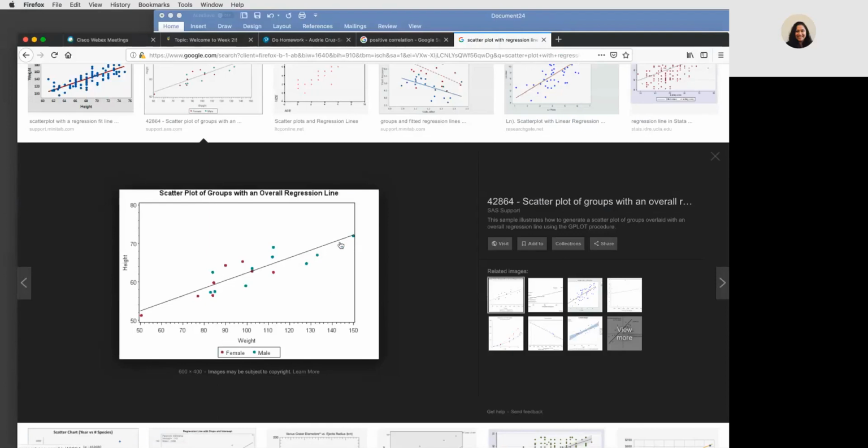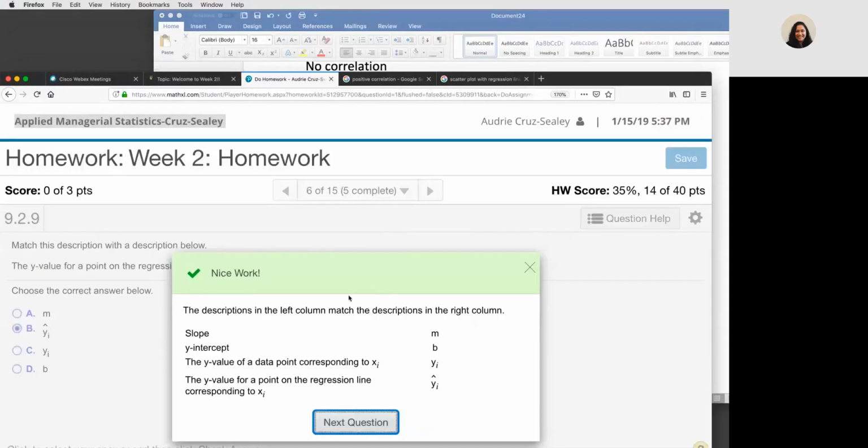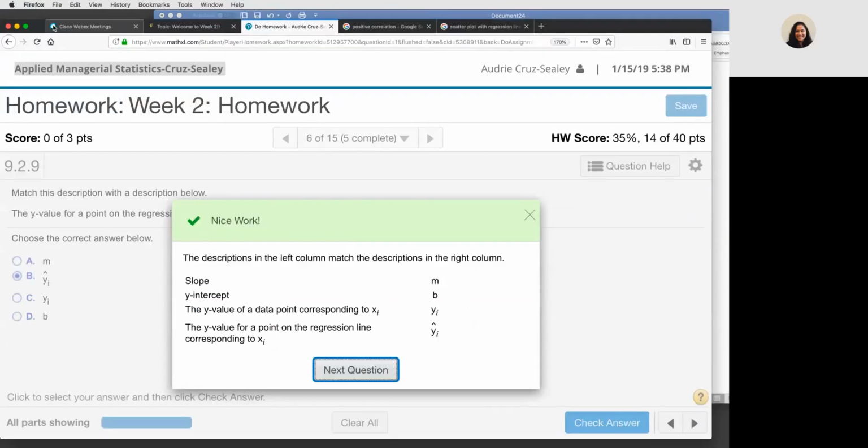This over here on the line would be x, y hat. So if it's a y hat, that means it belongs to the line. If it's xi, yi with no hat, that just means it's one of the scattered data points. And that's it. So you're just learning the syntax, the vocabulary. Does everybody have that down? You okay?